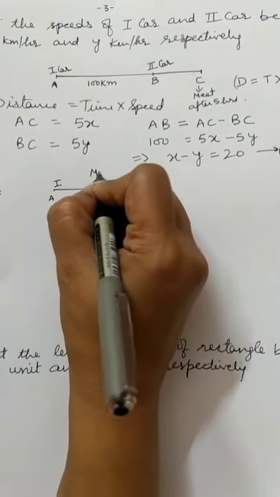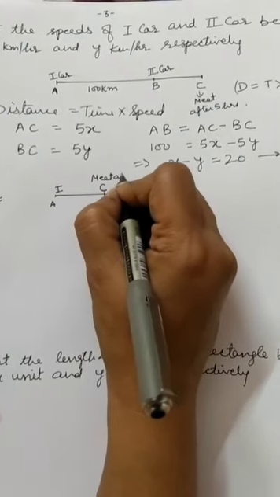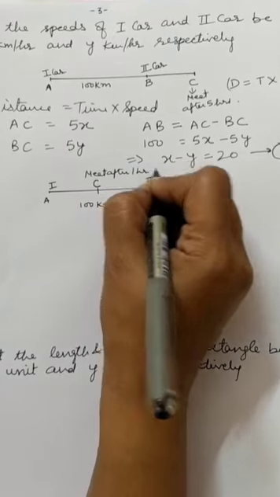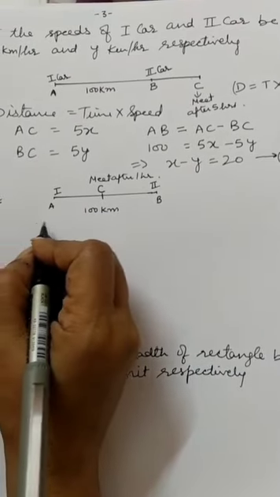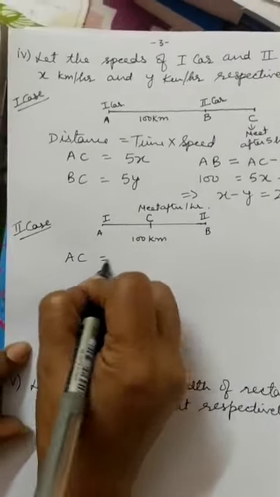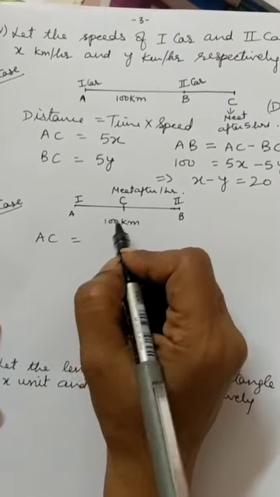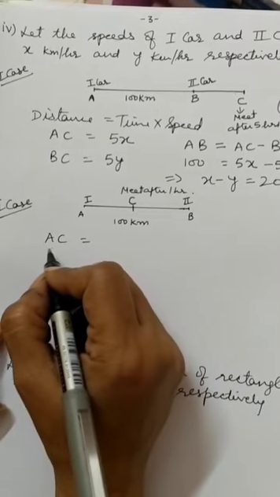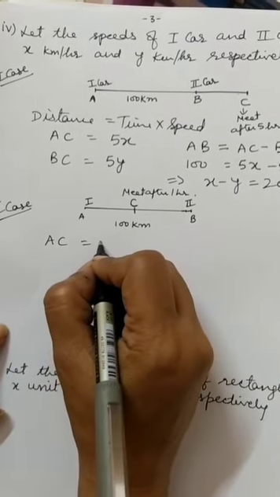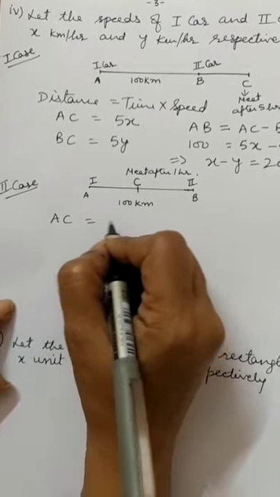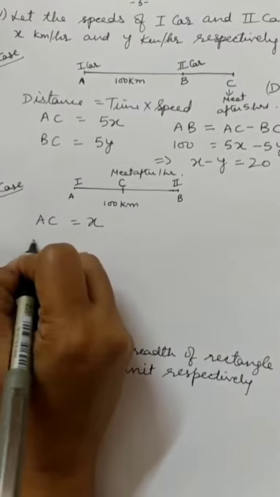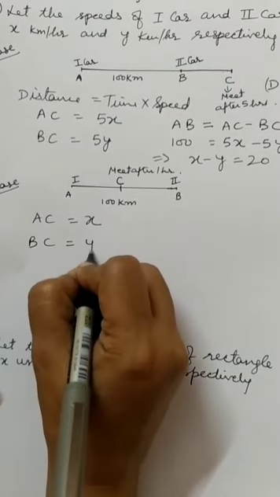So that means at point C they meet after 1 hour. Let us find the distance AC in this case. Distance AC, because they are meeting after 1 hour, with speed x of the first car, so distance covered will be time, that is 1, into speed, that is x. And distance BC will be y.